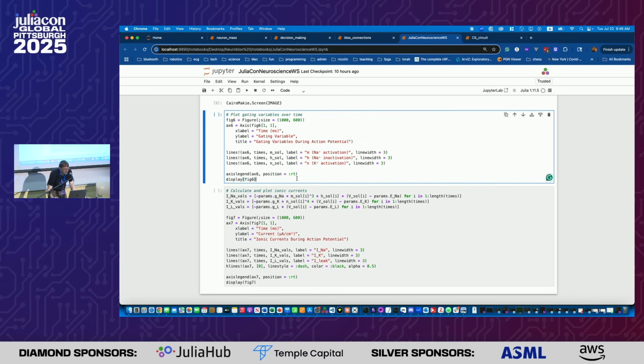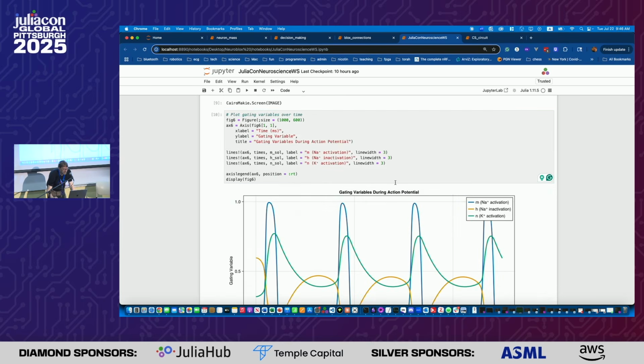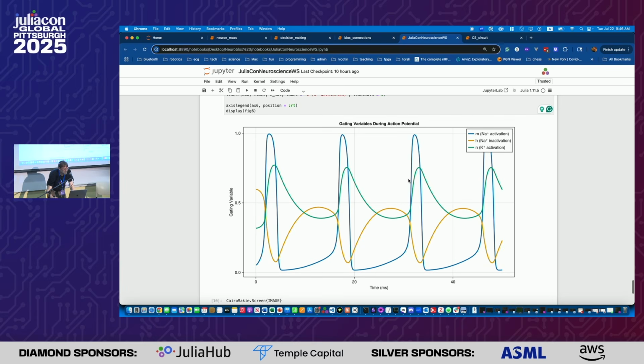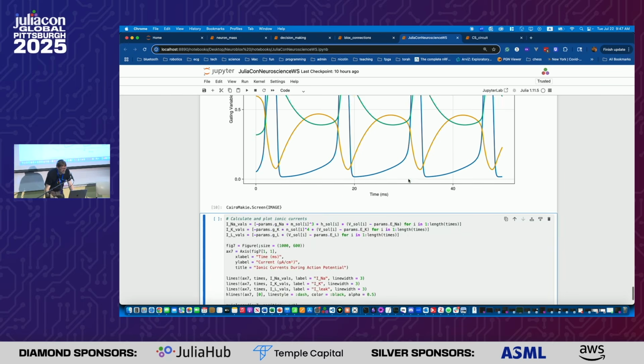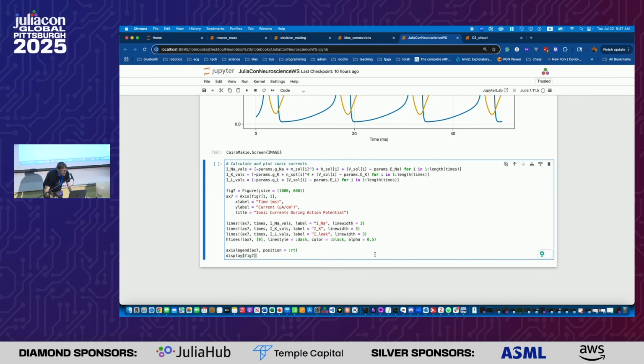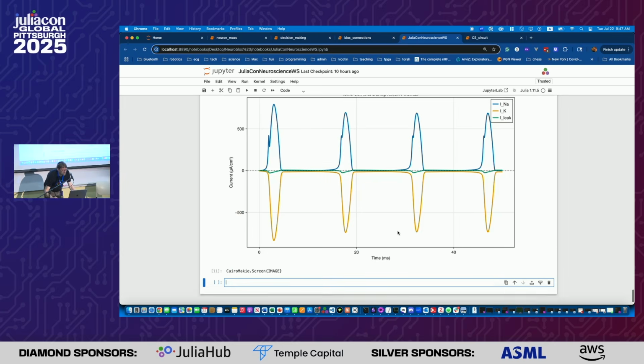And just for the fun of it, I created two more plots. These are the gating variables in the dynamic model, so you can look at the probability of opening one of the channels relative to the other ones. And the next plot is the currents.